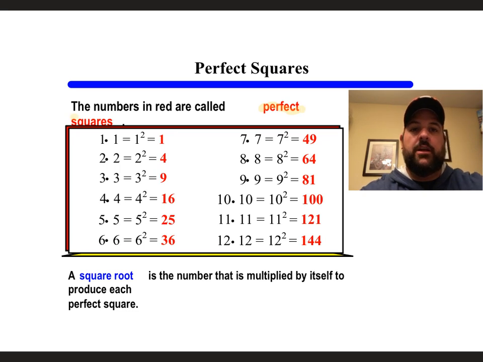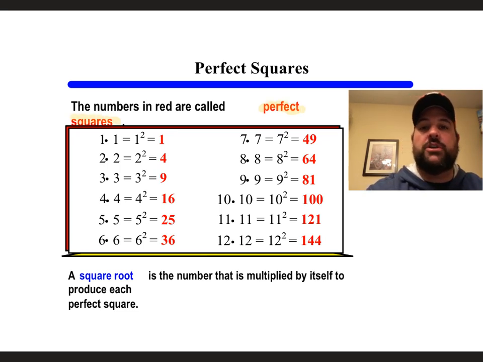And you can see here we have a list of perfect squares, which we've already come across earlier this year when we talked about radicals and squaring numbers and taking square roots. So all of our numbers in red here, the 1, the 4, the 9, 16, 25, 36, and the 49, 64, 81, 100, 121, 144, those are perfect squares.